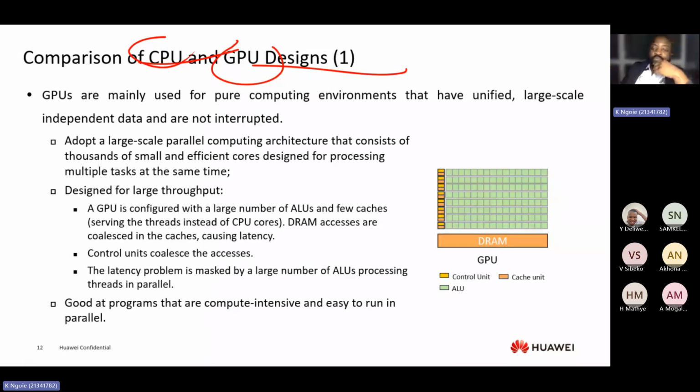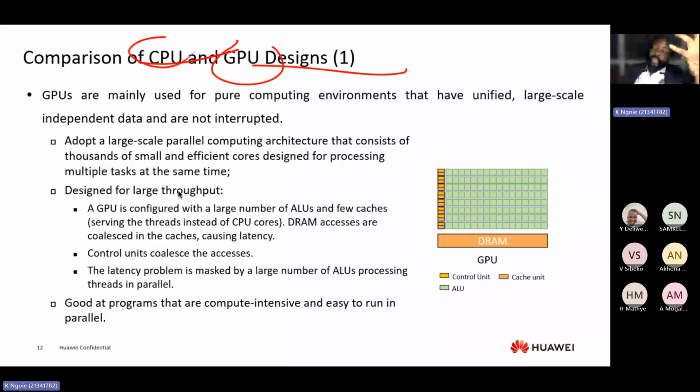When you look at the CPU in terms of design purpose, or the way the computing is happening, the CPU will basically be used for general purpose computing, but the GPU will be used for parallel data processing.